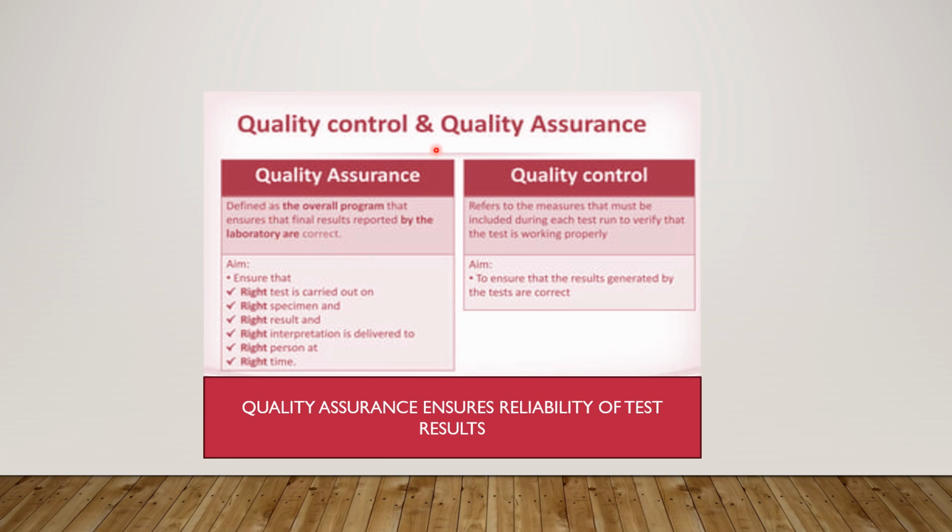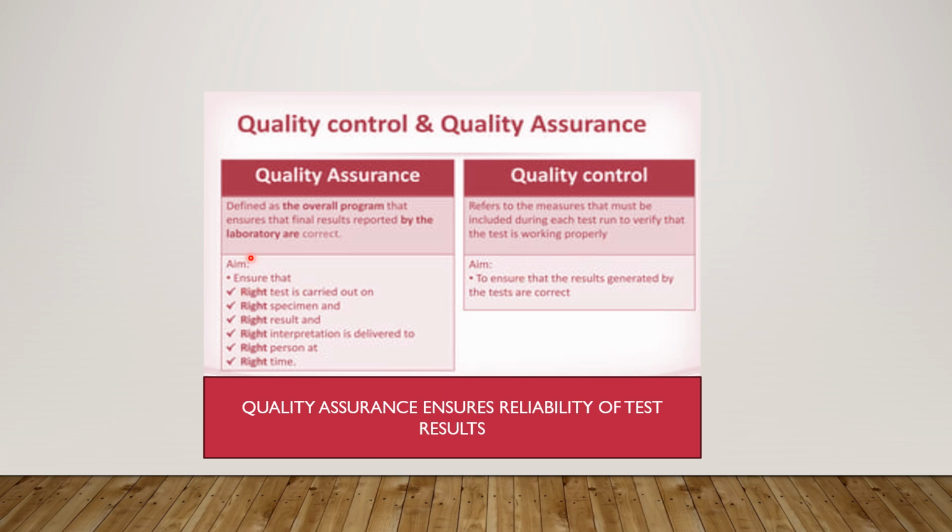Whatever steps are taken to check and rule out errors all come under quality assurance. And quality control refers to the measures that must be included during each test run to verify whether the test is working properly or not. So it is basically applied to the analytical phase in order to check that the test is properly working.